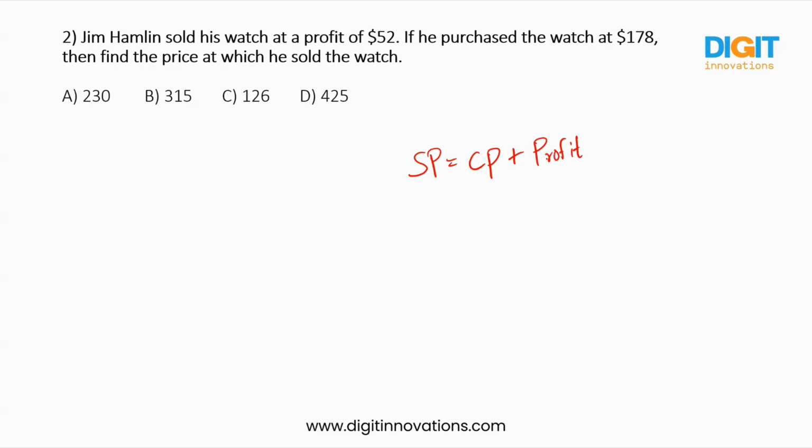If a loss happens, we put minus loss like this. Purchased means cost price, 178 plus 52, which is 230. So selling price is 230.